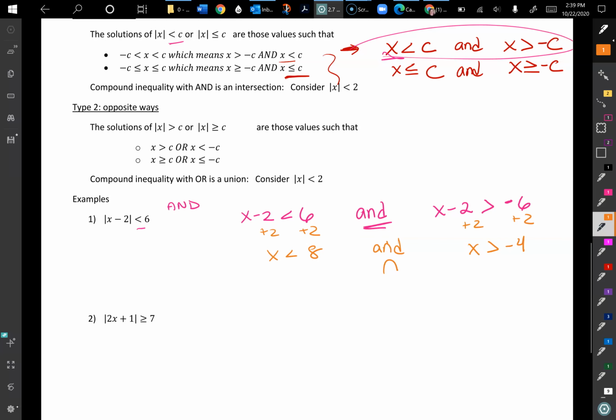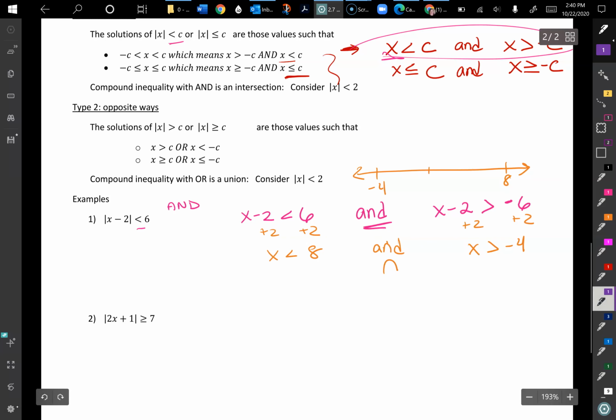Okay, so to write that in our set notation, it's a little trickier. I'm going to draw a graph up here to represent it. So if I have 8 there and negative 4 is probably somewhere down here, everything has to be bigger than negative 4, but it is smaller than 8.